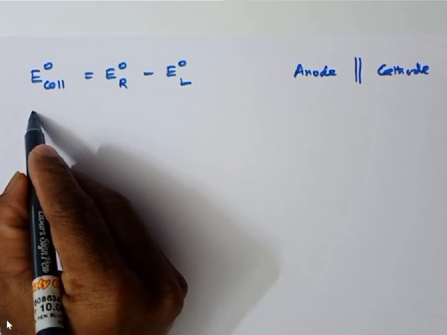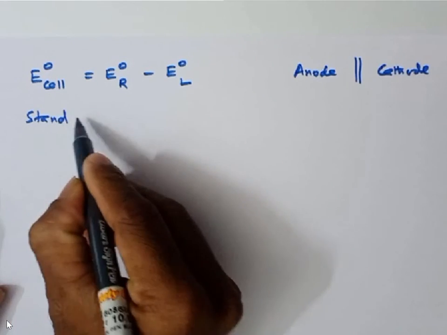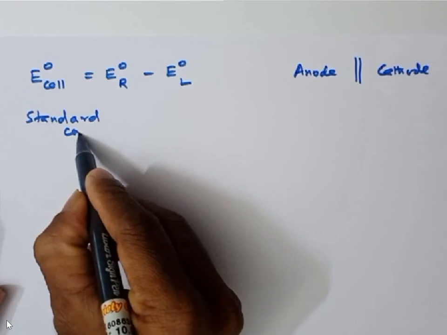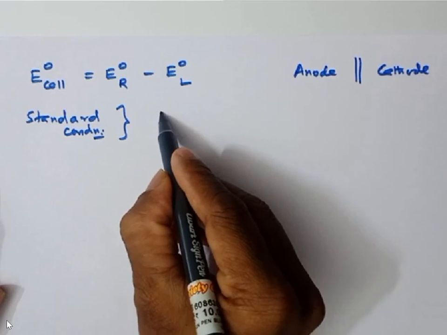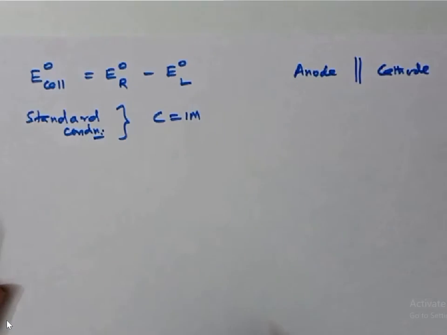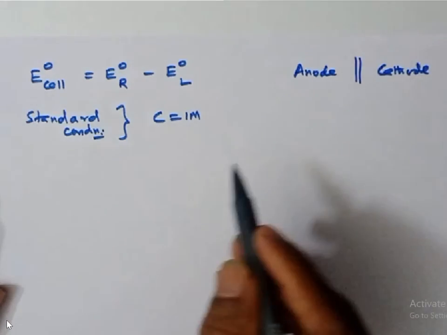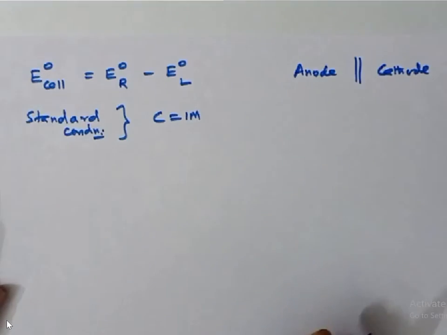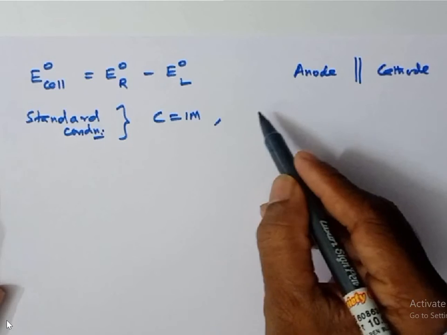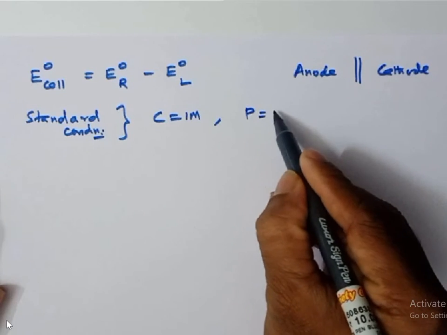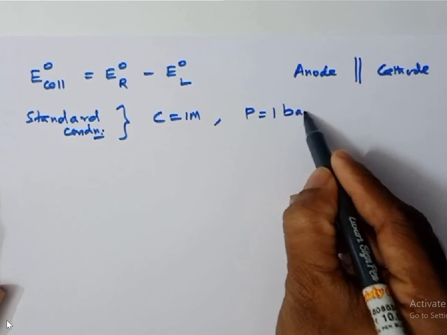What is the meaning of standard here? Standard condition. Standard condition means that concentrations should be 1 molarity. If we use solutions, the solution concentration should be 1 molarity. If any gas is used in the electrodes, then the pressure of the gas should be 1 bar.